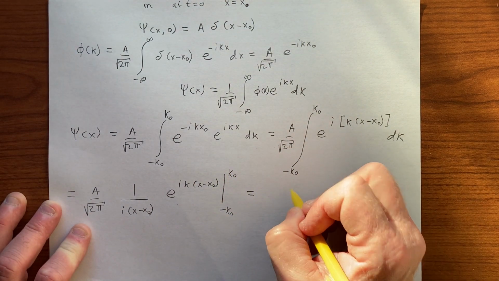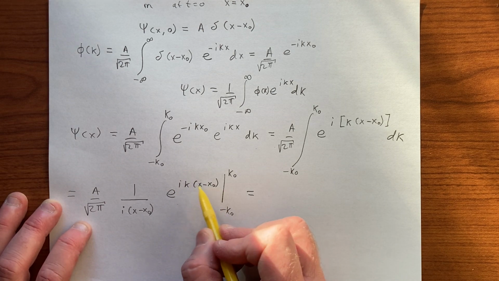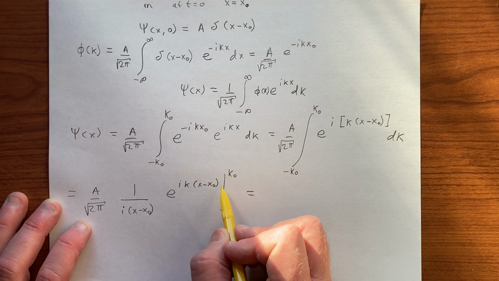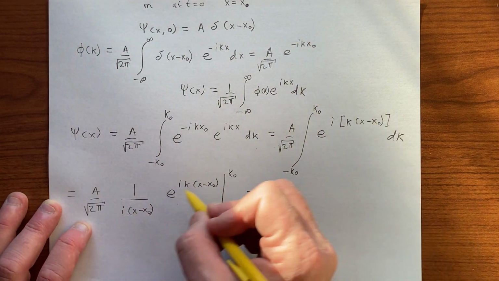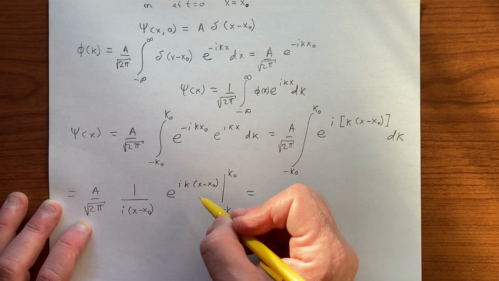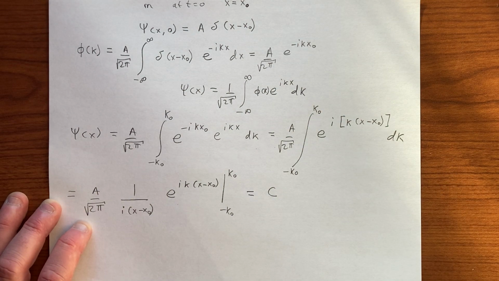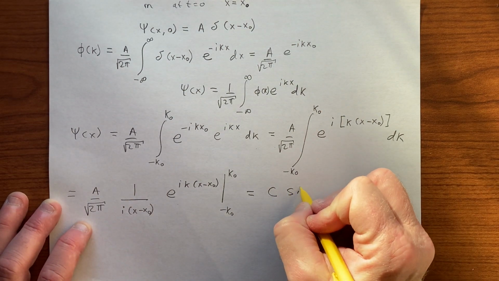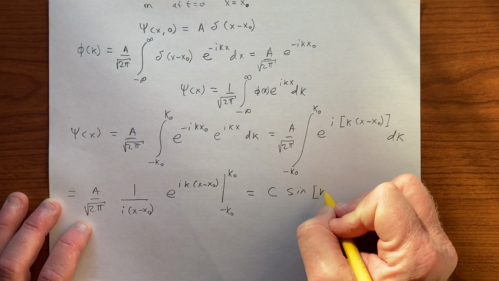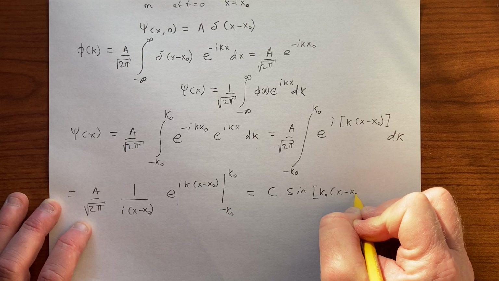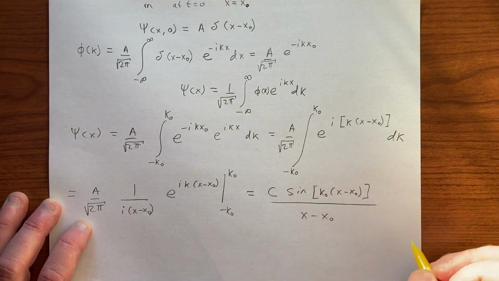And this gives us cosine k x minus x naught plus i sine k x minus x naught minus the same thing. So we get rid of the cosine. We have twice i times the sine, it's some overall constant. We don't really care, that's just a constant. But the sine survives. The i will go away. So we have sine of k naught, x minus x naught, over x minus x naught.